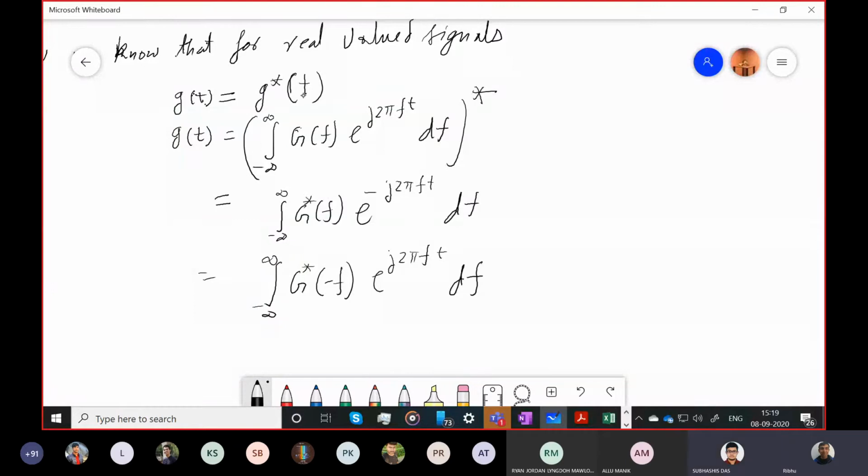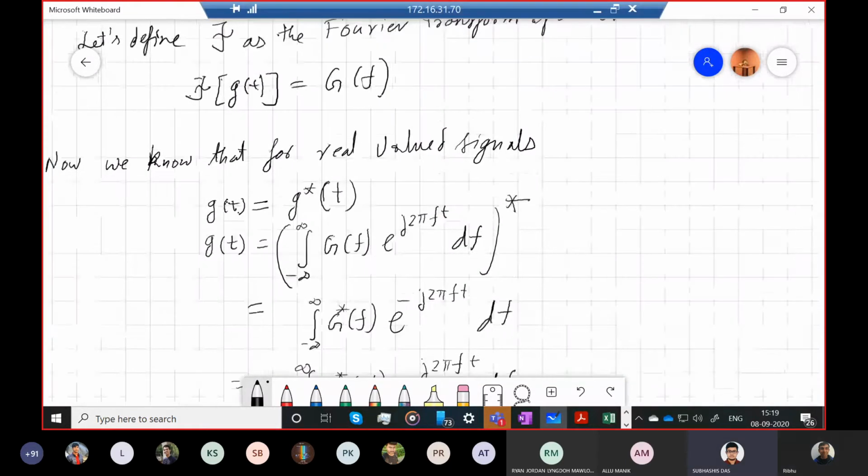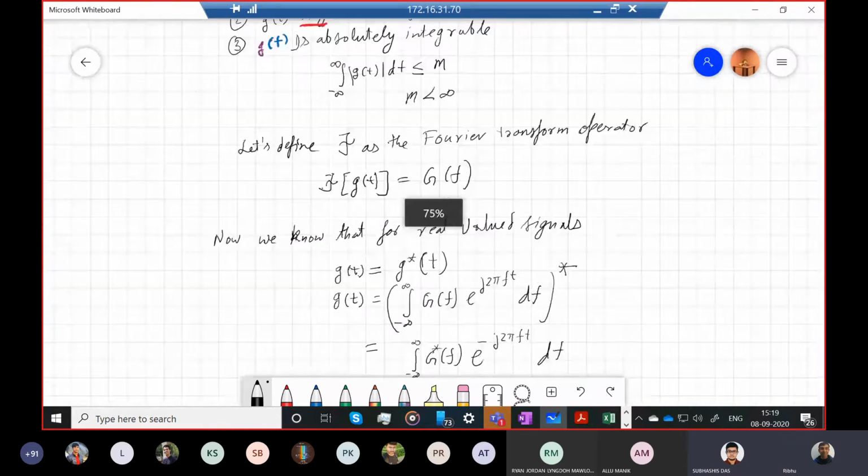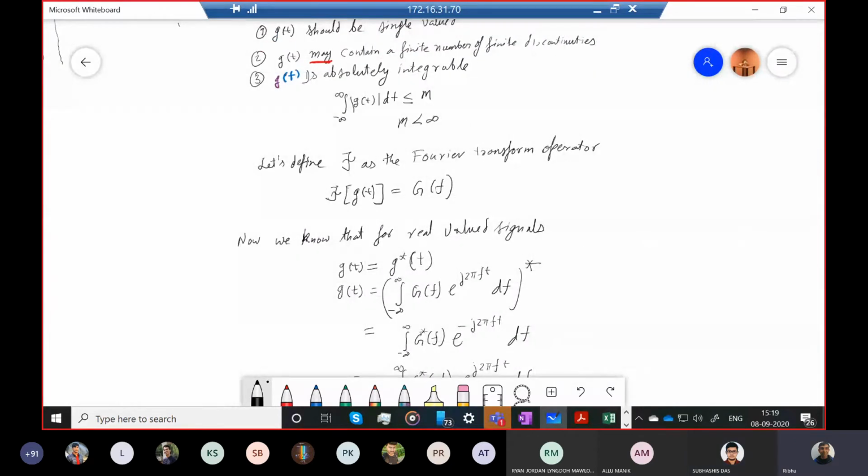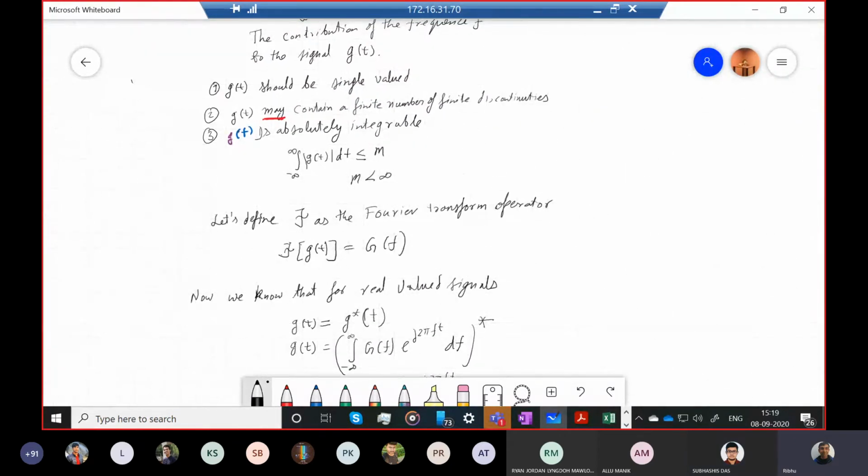Yeah, these are not the properties, these are the Dirichlet conditions. These you would know from your signals and systems course. That's why I ran through these.